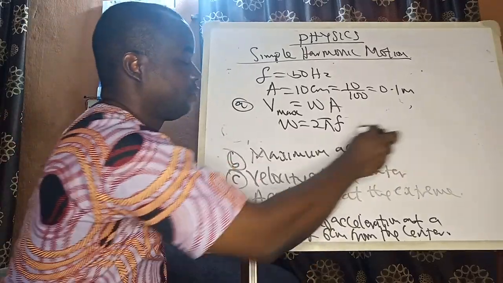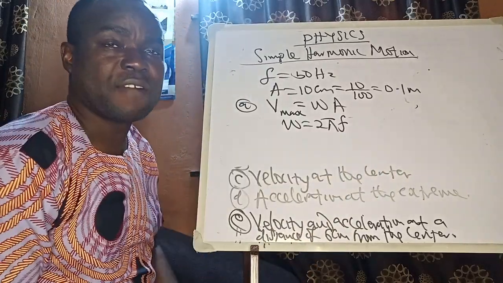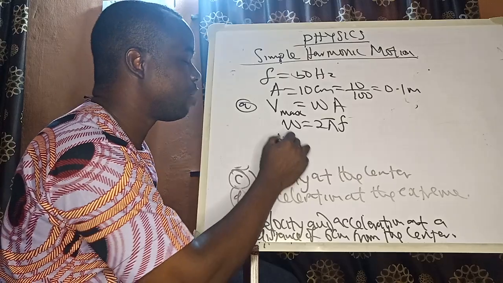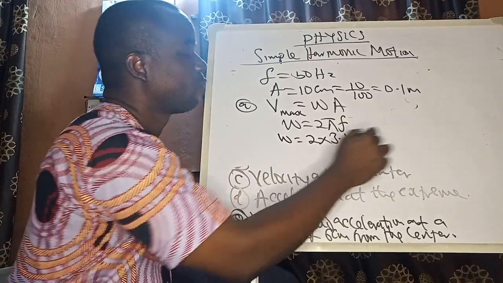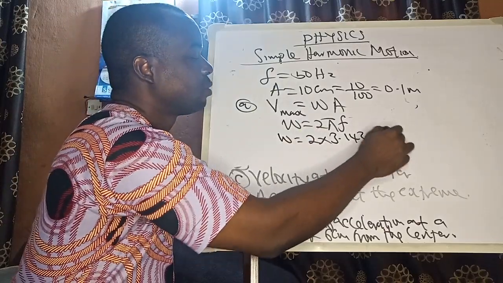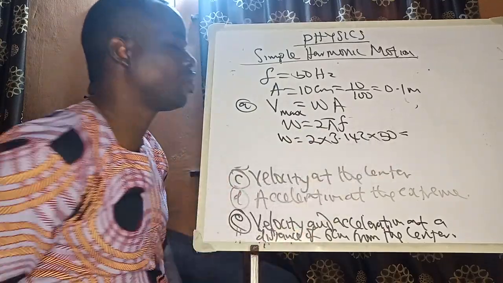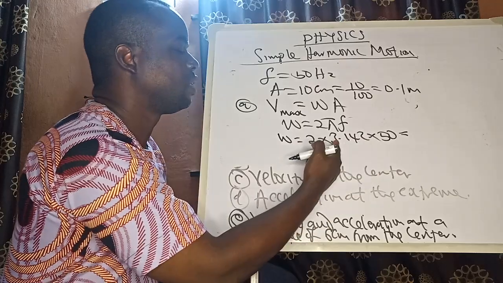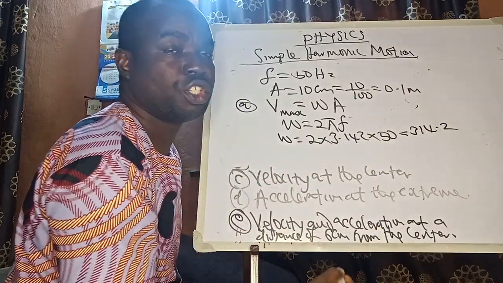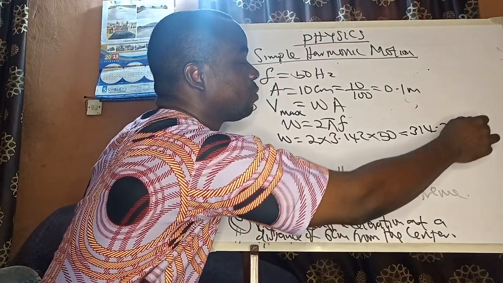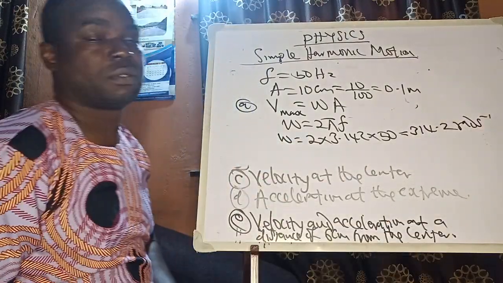Because we have F, now we have, so W will now be 2 times pi, which is 3.142, times F, which is what? 50, right? If you multiply all these things, what do you get? This is 100, you get 314.2. The unit is radians per second.